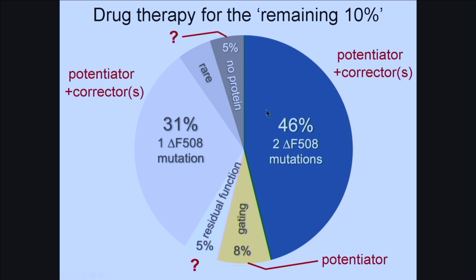And as I said, the hope would be that a potentiator plus a combination of correctors would be effective for this group. But there are several other groups. First of all, the gating group, for which potentiators can be very effective. But of the remaining 10%, perhaps the most challenging are this half of the remaining 10%, 5%, in which no CFTR protein is made.